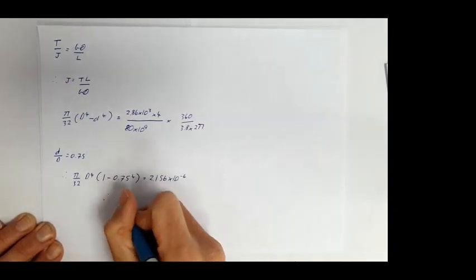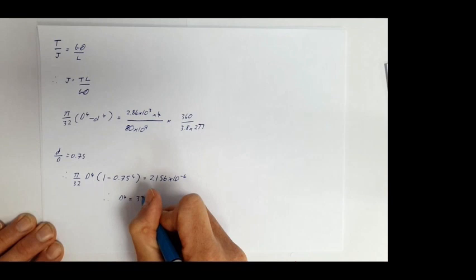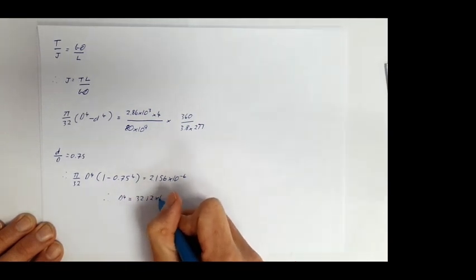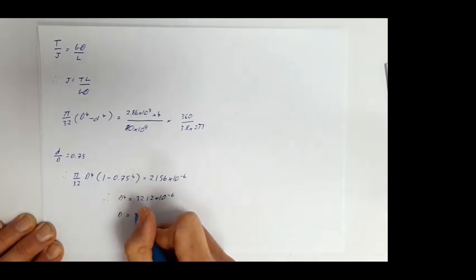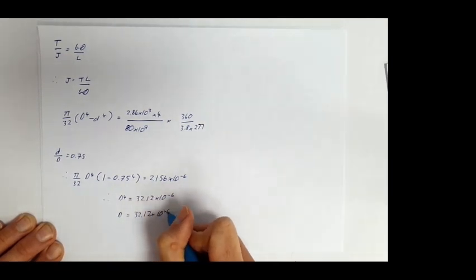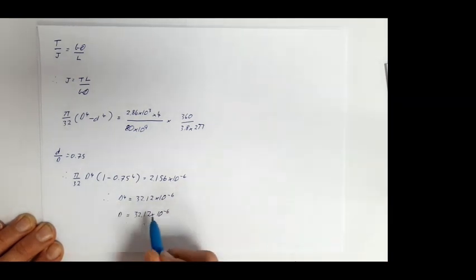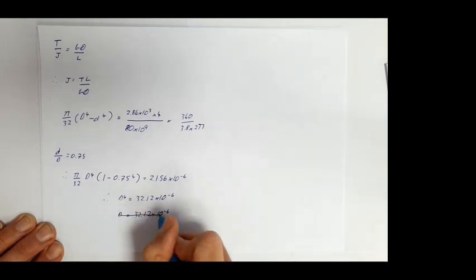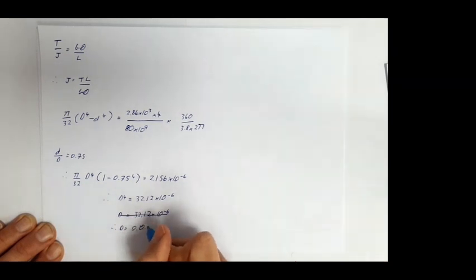So therefore, D to the 4 equals 32.12 times 10 to the minus 6. So that's D to the 4. So therefore D equals 0.0753 meters, or 75.3 millimeters.